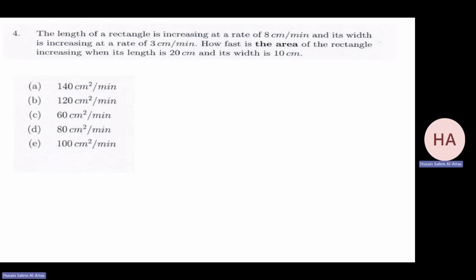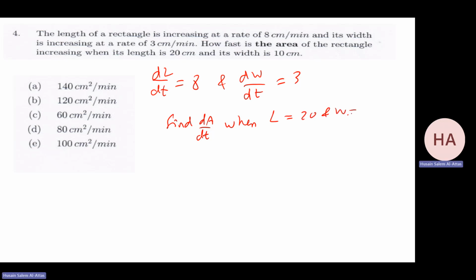The rectangle is increasing at this rate. So dL by dt equals 8, and dW by dt is 3. Same question, actually. Find dA by dt when L equals 20 and W equals 10. A equals LW, so dA by dt will be dL by dt times W plus L dW by dt.